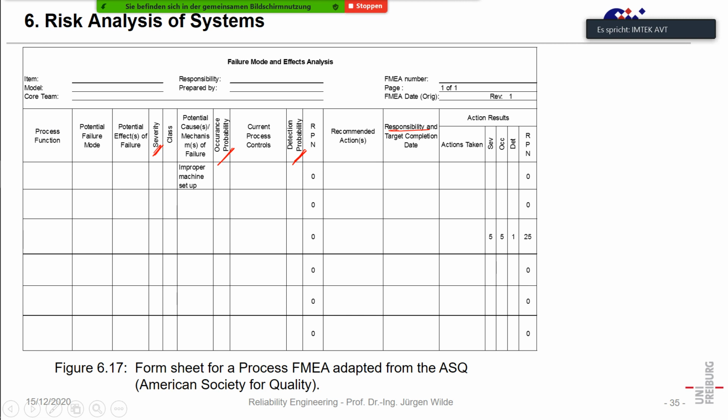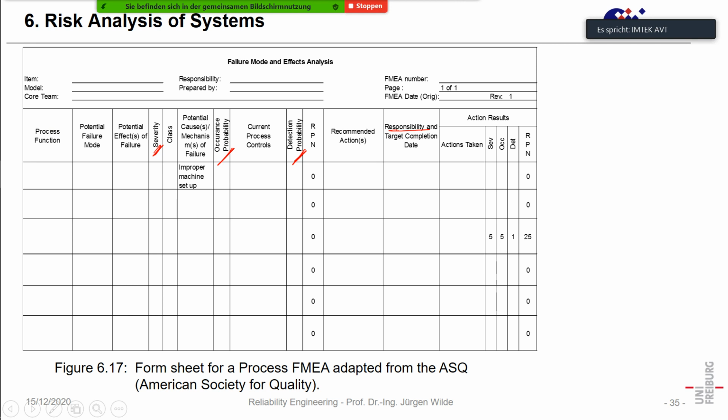Okay, in the end we must go to the system optimization, and here we have seen we need such a chart, and in that chart we do not just put in the data on severity, occurrence probability and detection probability, but we also have recommended actions. We have responsibilities. And after the action, again, we make a judgment of severity, occurrence probability, and detection probability.